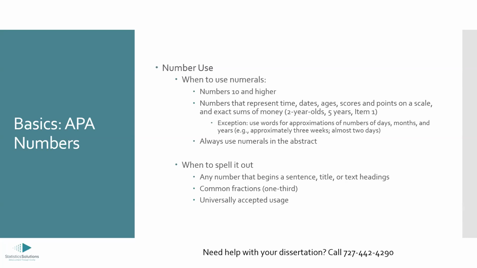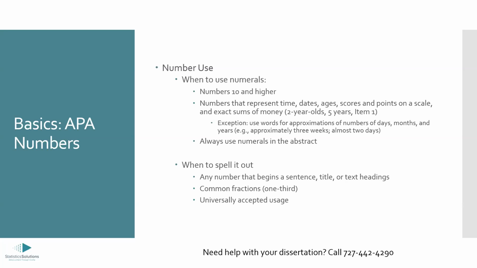And you're always going to use numerals in the abstract, which is the beginning of your paper, like a little paragraph or 1 page describing the entirety of your study. You're always going to use numerals, and that's for saving space, because an abstract is supposed to be short, small, easy to read.